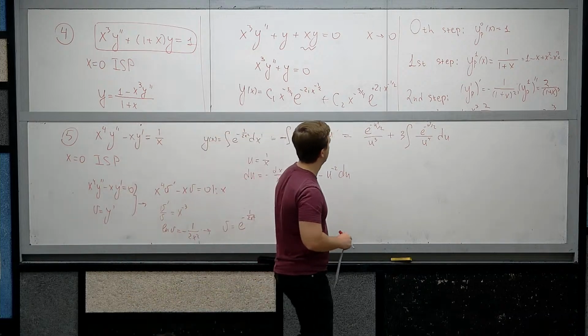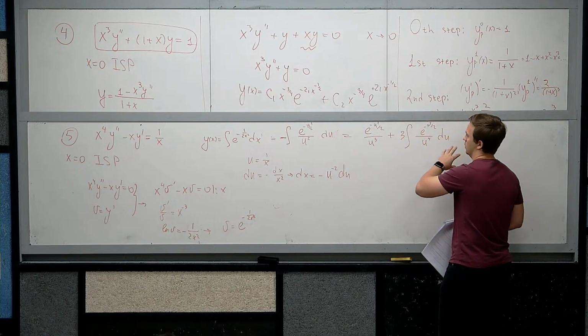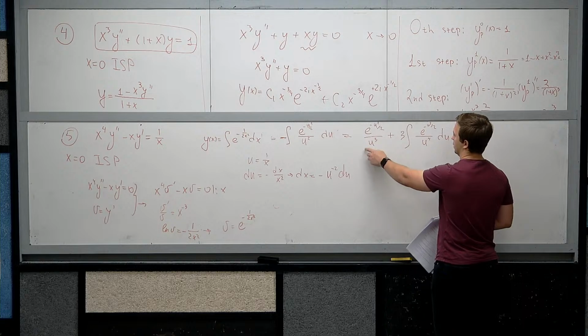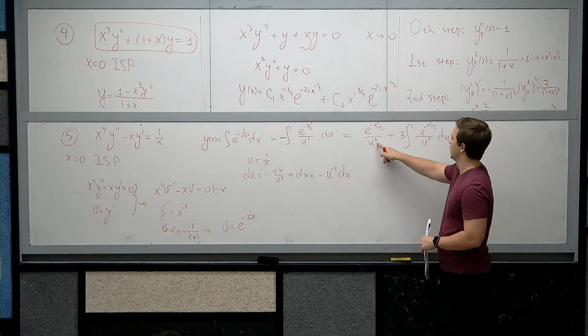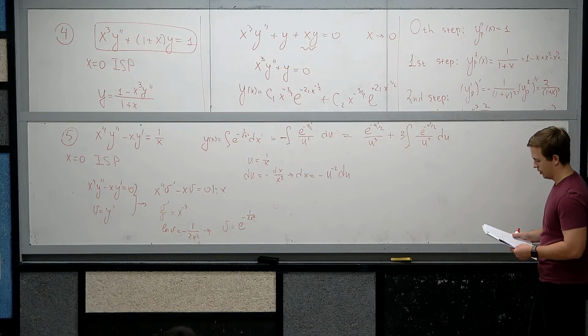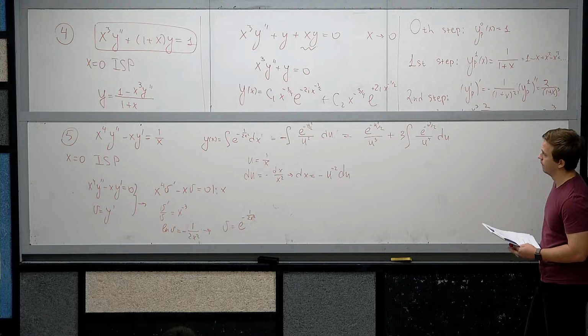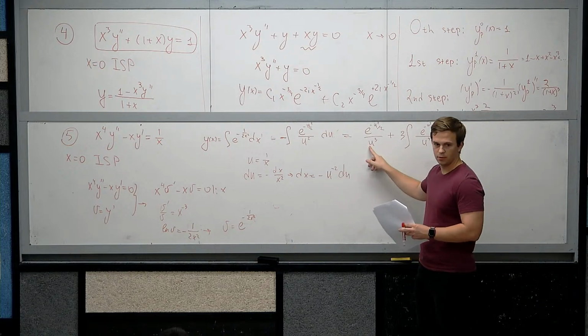So here is something small, and the other terms will be smaller because the denominator will have a bigger power. When x goes to 0, this goes to infinity, right?